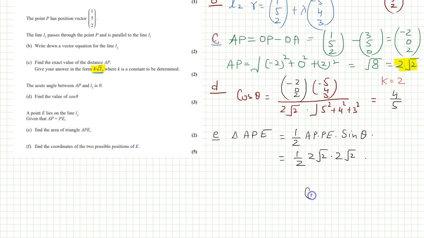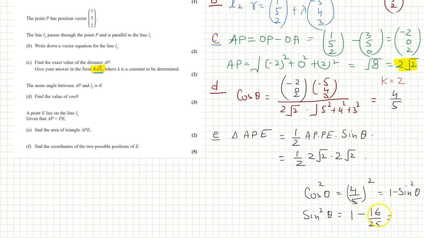We know cos theta is 4/5. We have just calculated. So cos square theta is 4/5 square. So cos square theta is 1 minus sin square theta. So sin square theta is 1 minus 16/25.